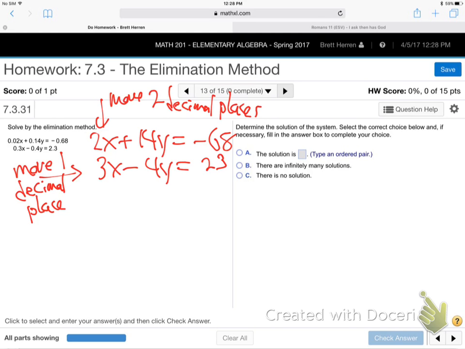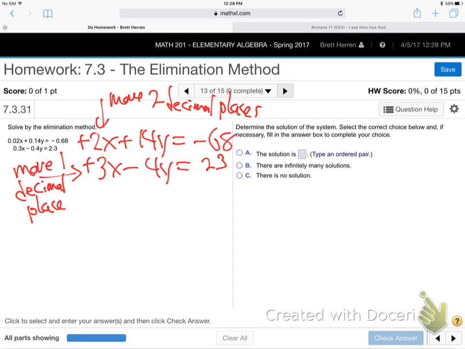Now look at those x's. What are their signs right now? Are they the same signs or opposite signs? They're both positive, aren't they? So you've got to make one of them negative when you multiply. Doesn't matter which one.